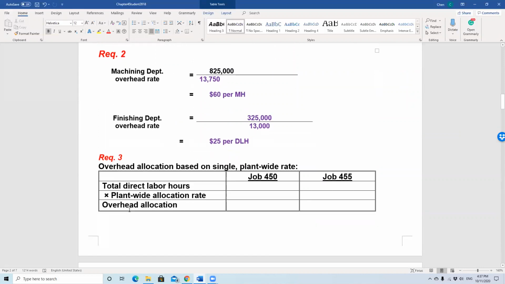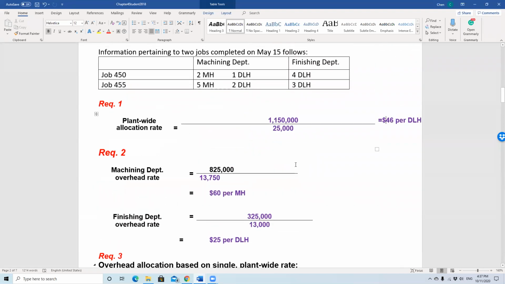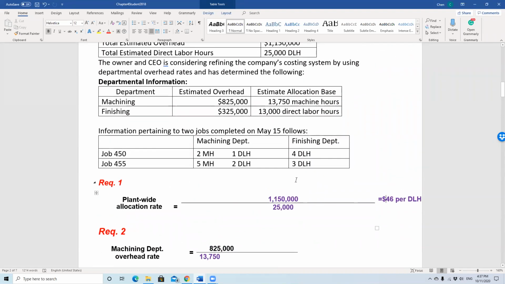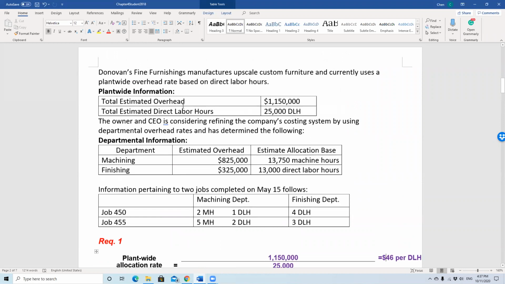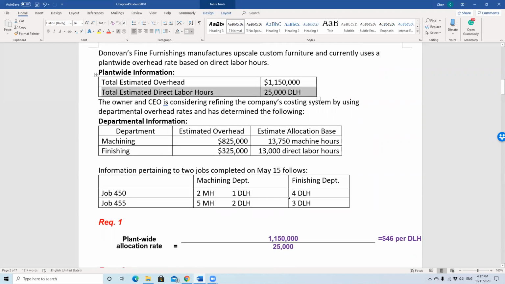Okay, so the next job is to allocate the overhead based on the single plant-wide rate. So job 450, we can see here. Remember that for plant-wide information, we only use direct labor hours as the cost driver or allocation base.